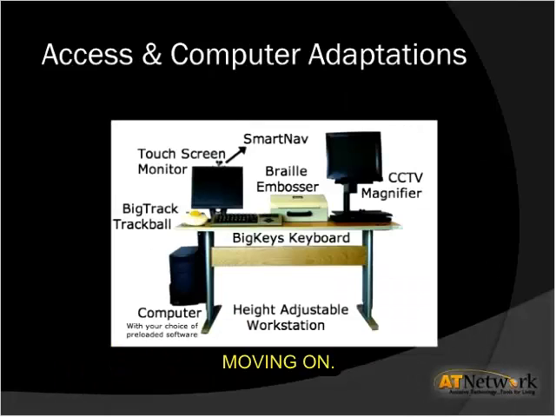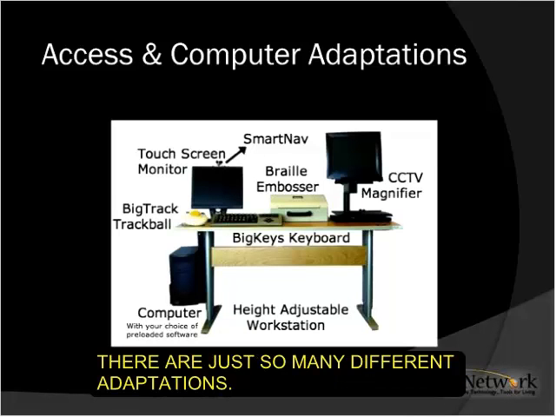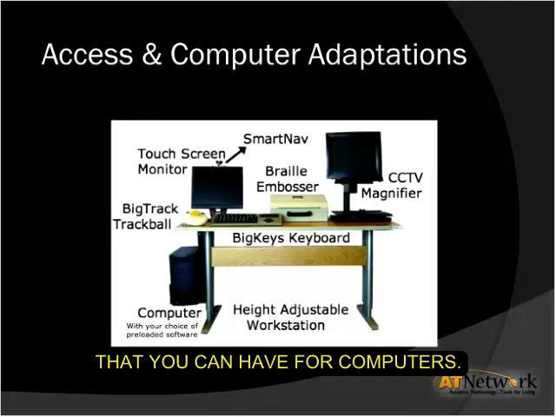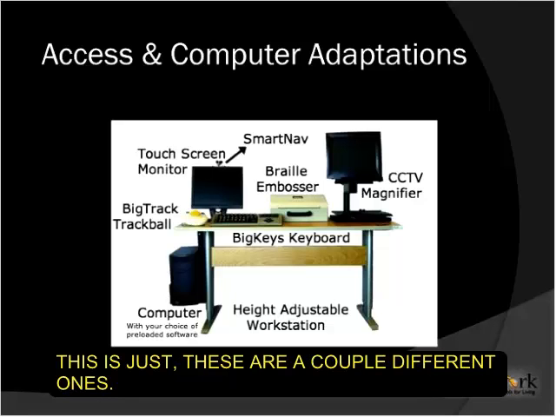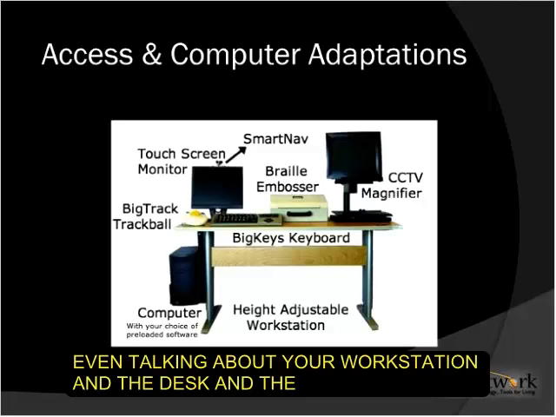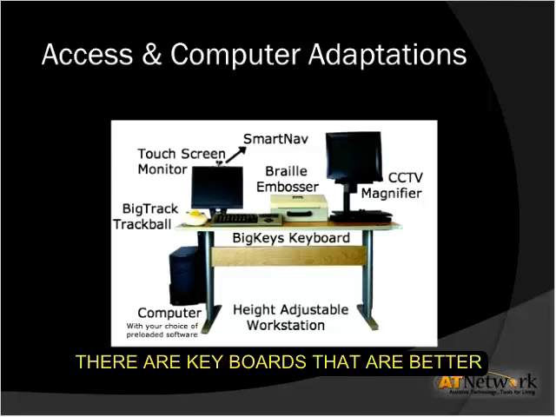Okay. Moving on. Now, computers, there are just so many different adaptations that you can have for computers. These are just a couple different ones, even talking about your workstation and the desk and the keyboard you use.